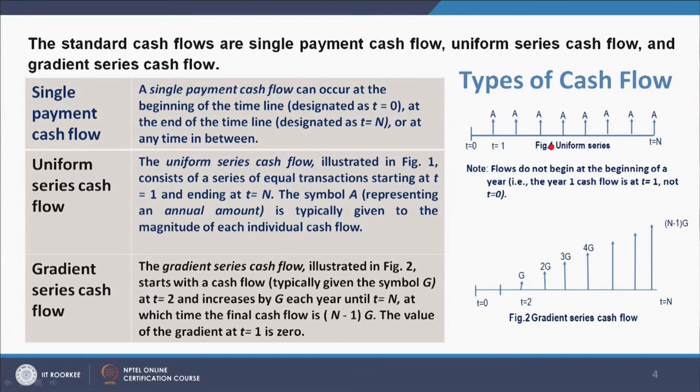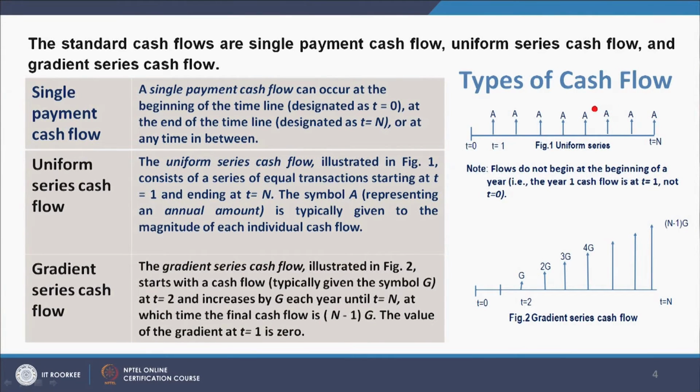Now, uniform series cash flow. The uniform series cash flow, illustrated in figure 1, consists of a series of equal transactions starting at t is equal to 1. At t is equal to 1, there is a transaction, t is equal to 2, there is a transaction, t is equal to 3, there is a transaction, and so on and so forth up to t equal to n, ending at t equal to n.